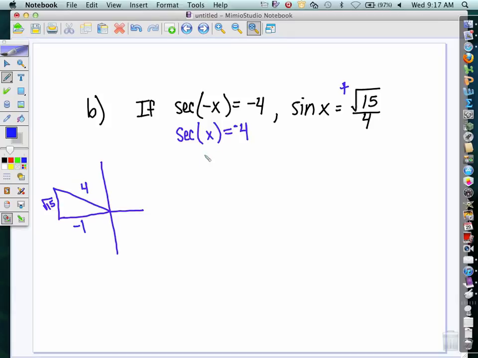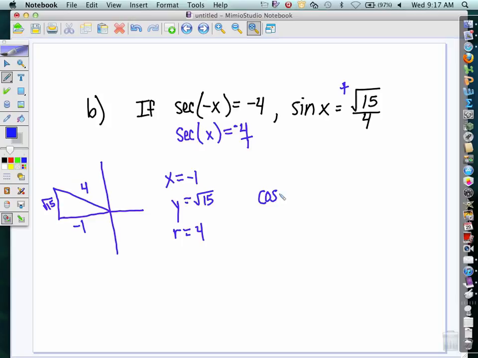You can, again, use the Pythagorean theorem or just go with your ratios here. This would be a negative 4 over 1. So the negative goes with the 1 because it's the x. The r is always positive. So now we can do our sine, which we already are given. You might want to list them: x equals -1, y equals the root 15, and r equals 4.